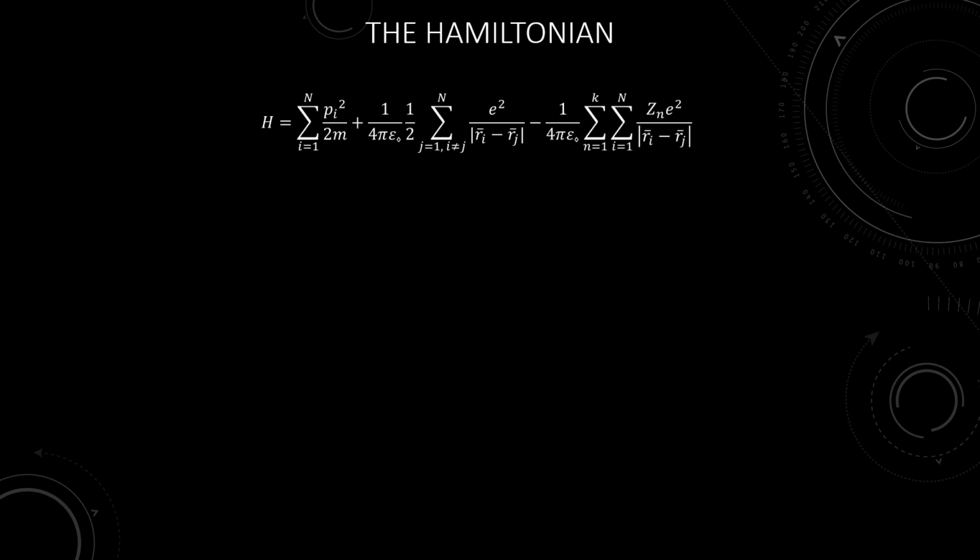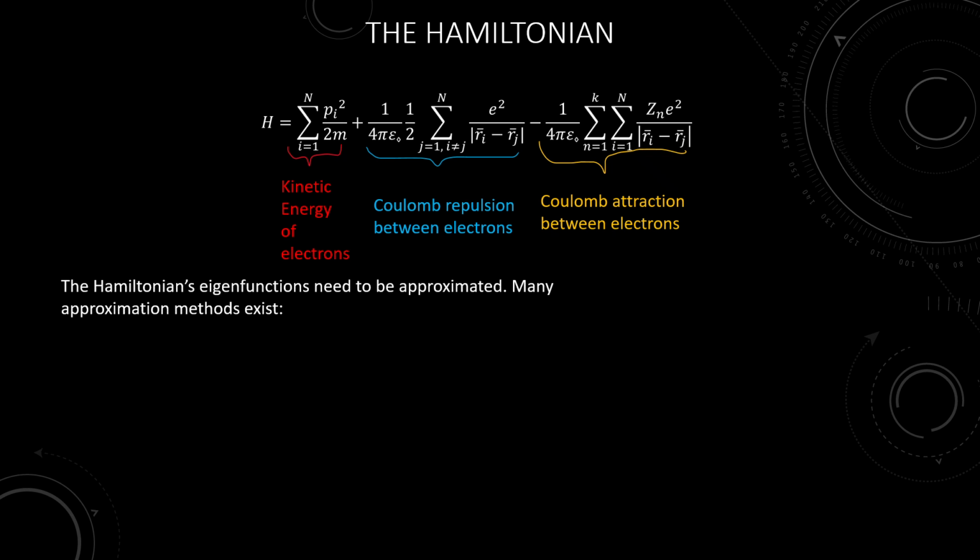So this particular Hamiltonian, with all its terms, which we have now completely discussed, has many ways to solve and to approximate the eigenfunctions. Now these approximations are, firstly, the many electron problem that we have is reduced to an uncoupled problem.